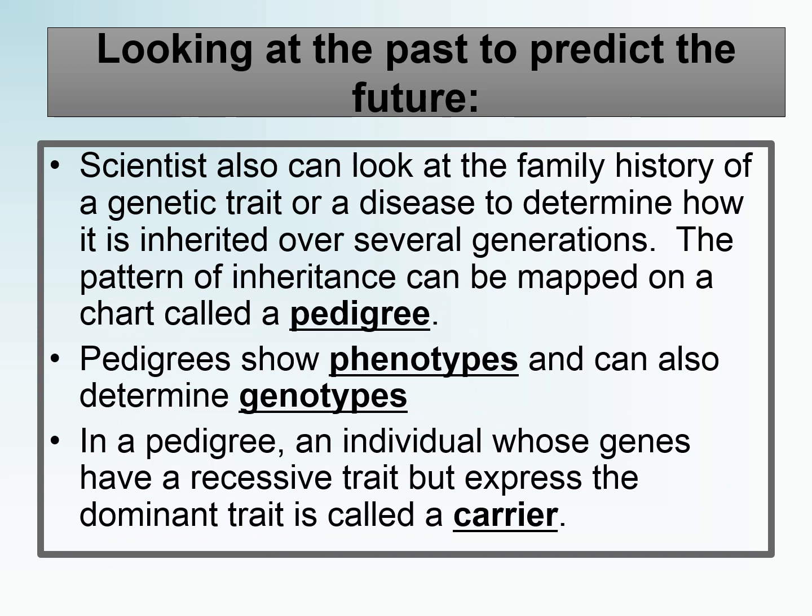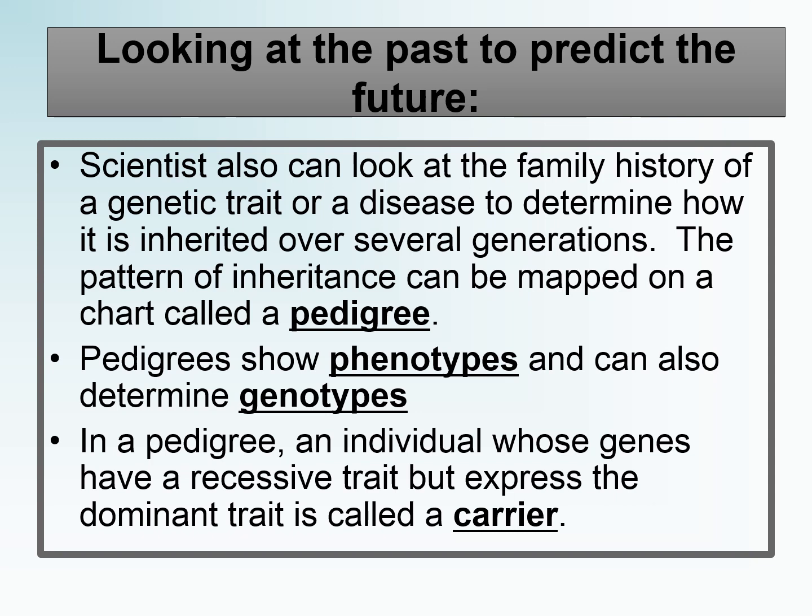The last thing we're going to look at is something called pedigrees. Scientists can look at a family history of a genetic trait or disease to determine how it's inherited over several generations. This pattern of inheritance can be mapped on a chart, and the chart's called a pedigree. Pedigrees can show the phenotypes, and you can also use a pedigree to determine possible genotypes.